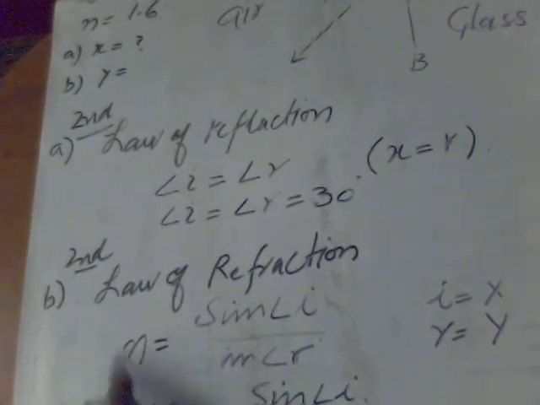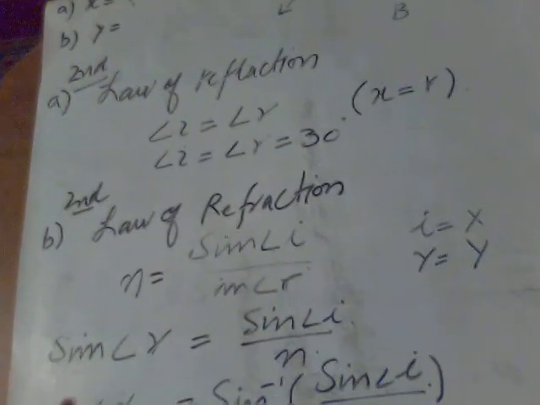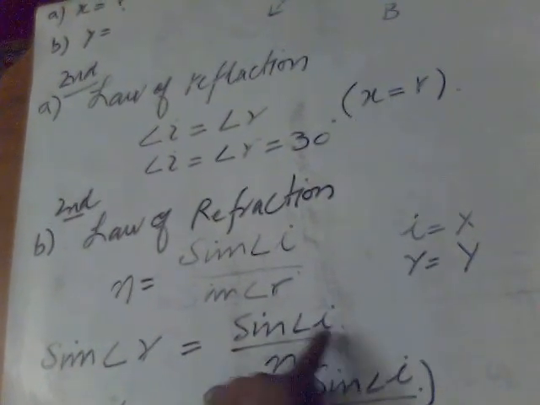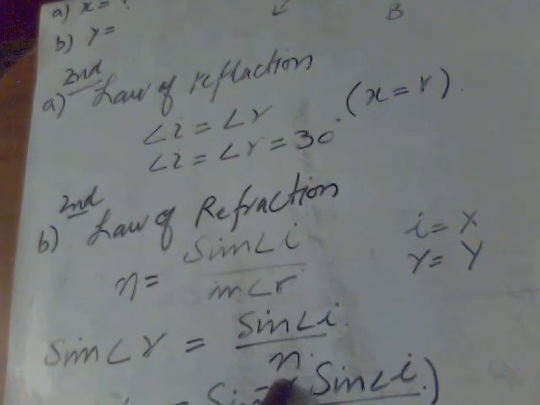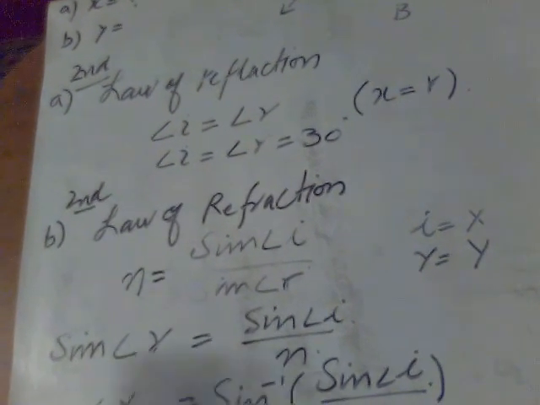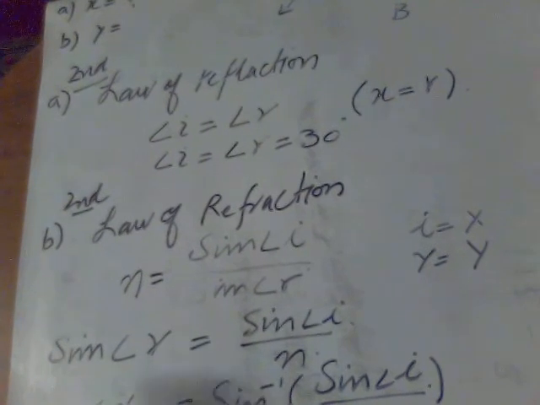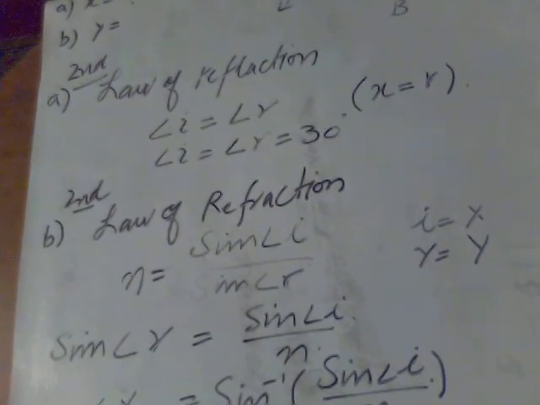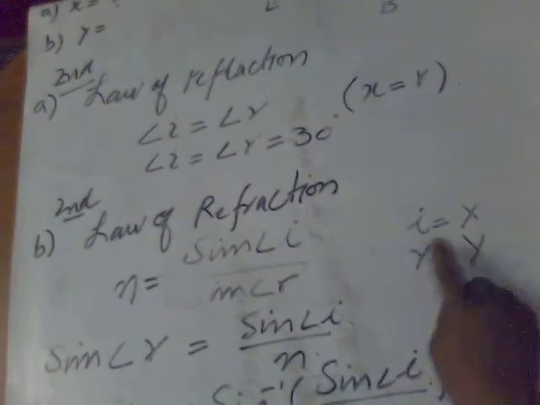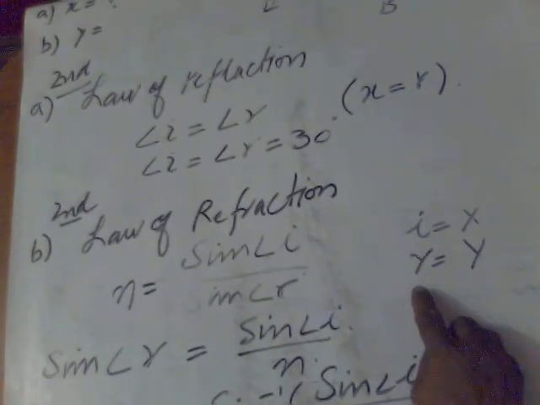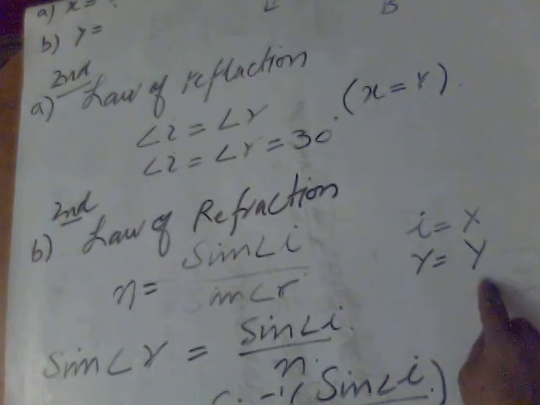By rearranging this equation, sine r is equal to sine i divided by n. Again, angle of incidence i is x and angle r is y.